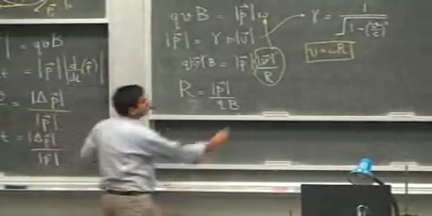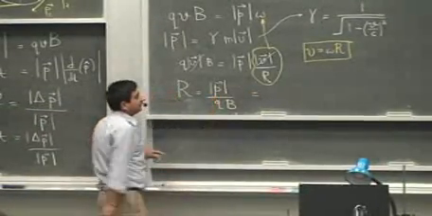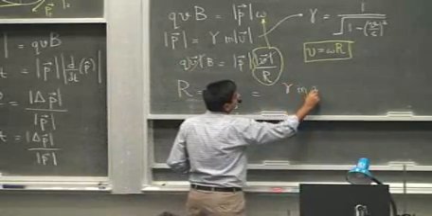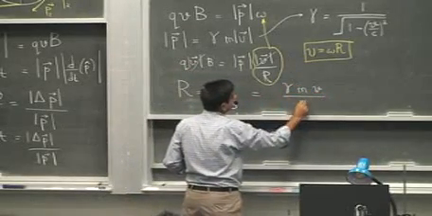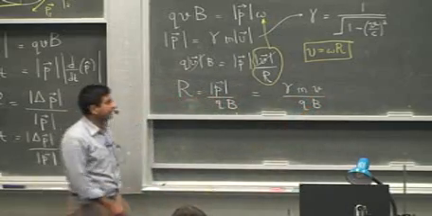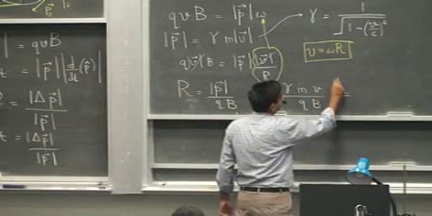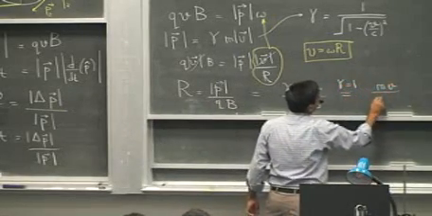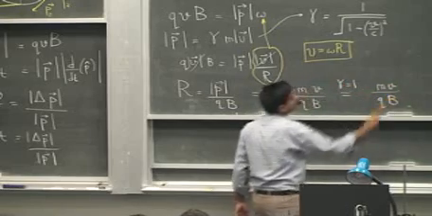And if p is given by gamma mv, I can write this as r equals gamma m times the velocity over qB. Okay, and if gamma equals 1, for slow particles, this equals mv over qB.